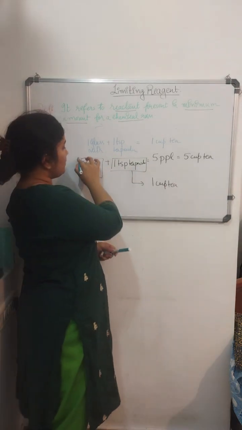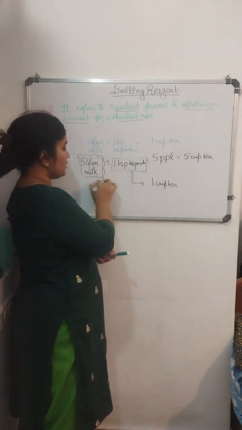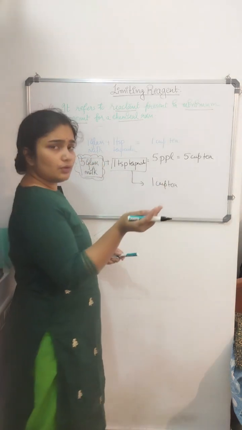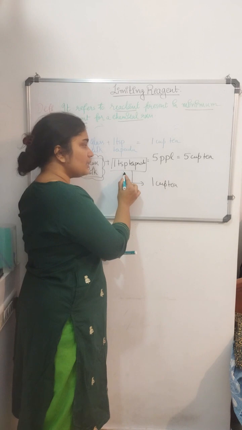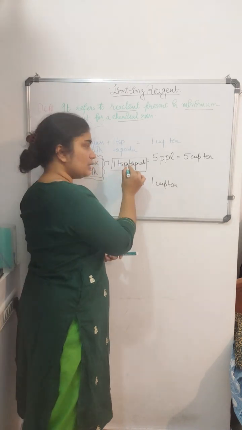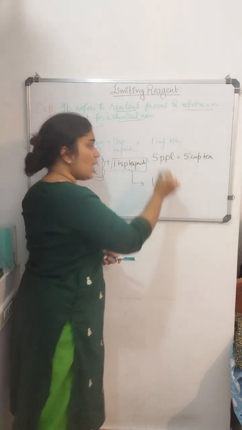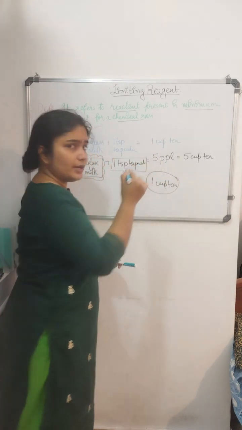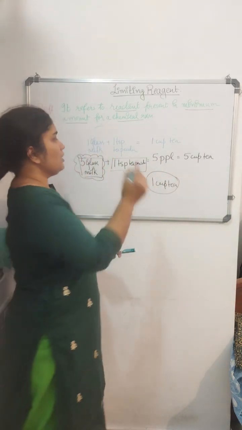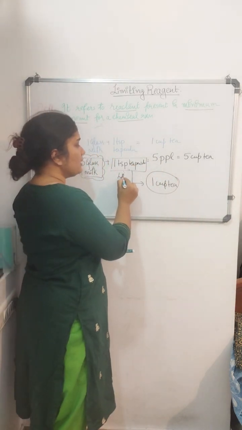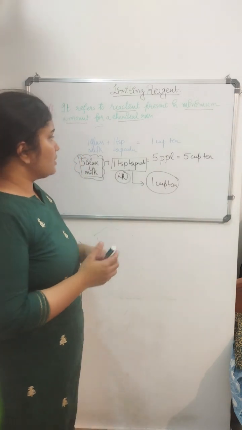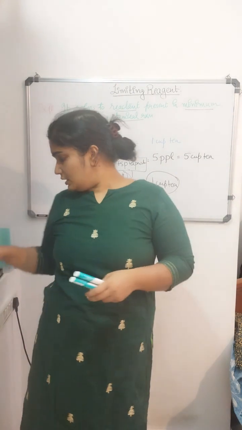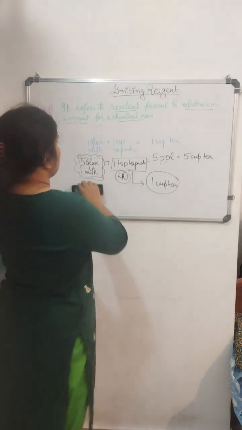So whatever the amount of the other reagent, that does not matter. This particular reagent is the limiting reagent here. It decides how much product I can make. So tea powder is my limiting reagent in this case. This is how we learn it using a small daily life example.